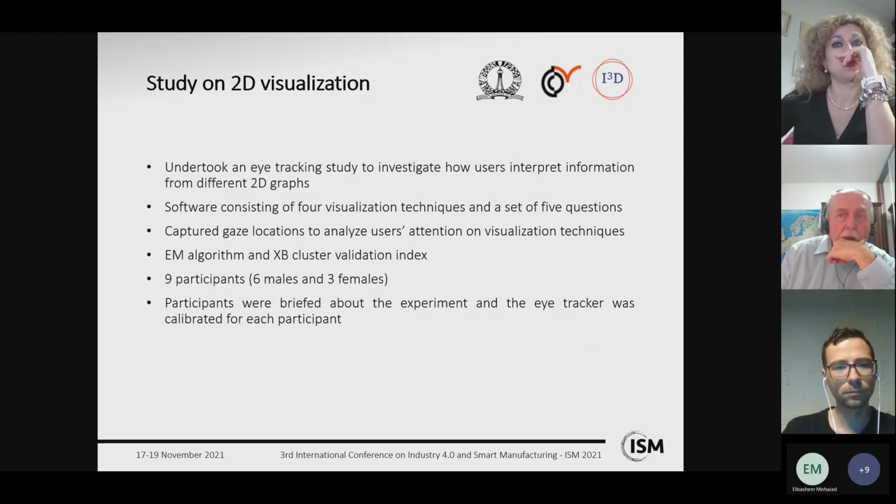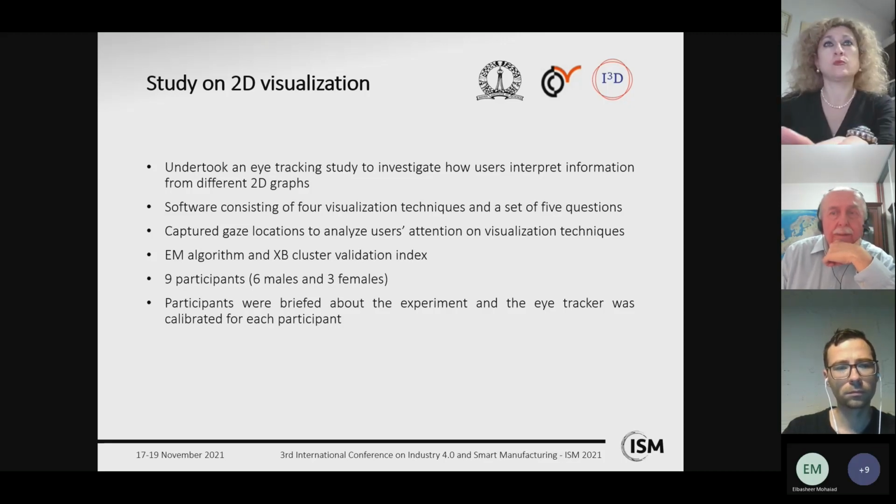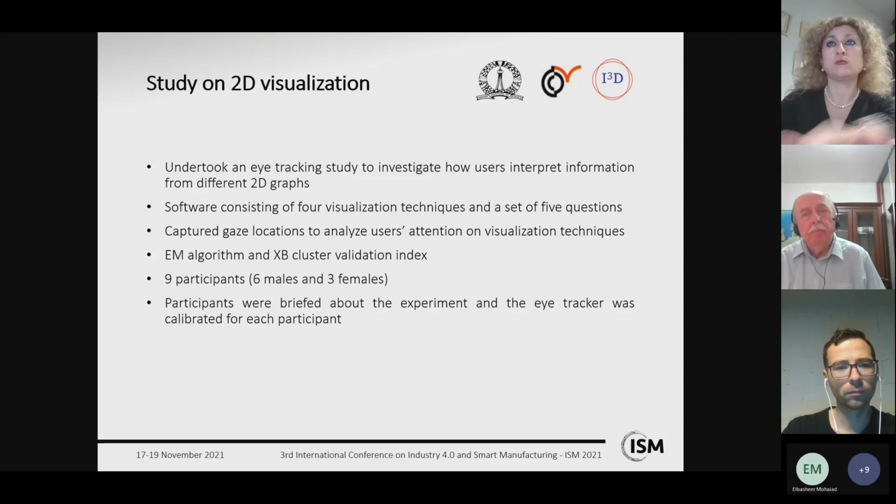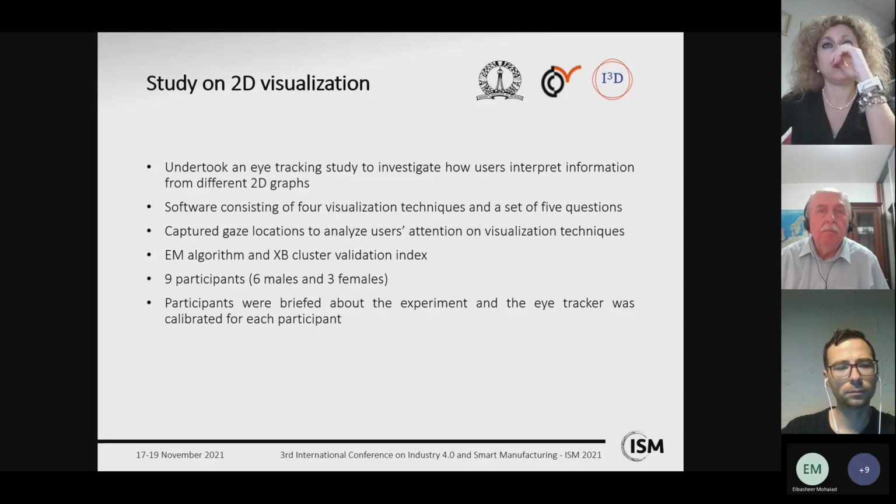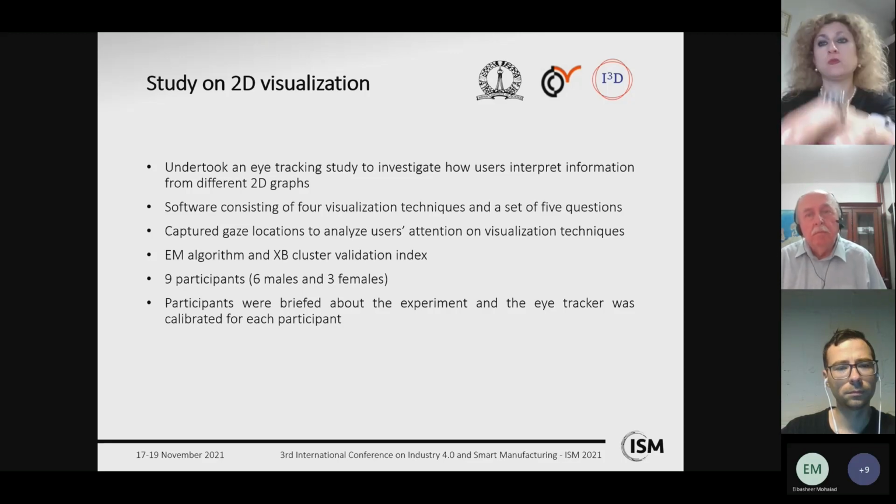While users were undertaking the task, we captured gaze locations to analyze users' attention on the visualization graphs. Apart from the ocular parameters, we analyzed the optimal number of clusters with the EM algorithm and the XB cluster validation index.